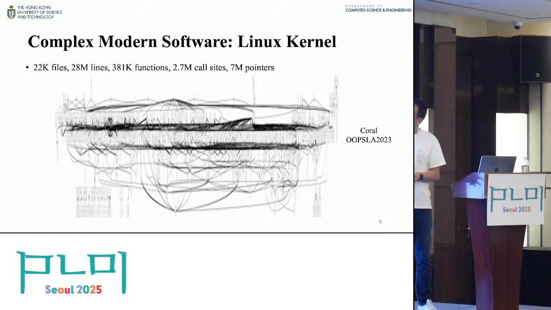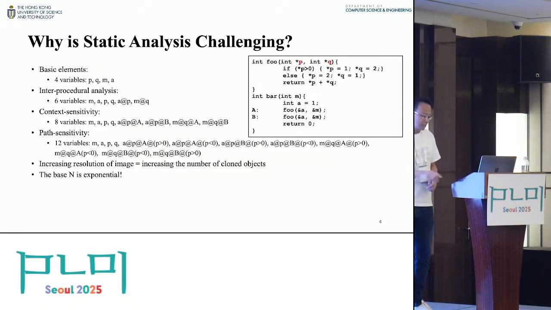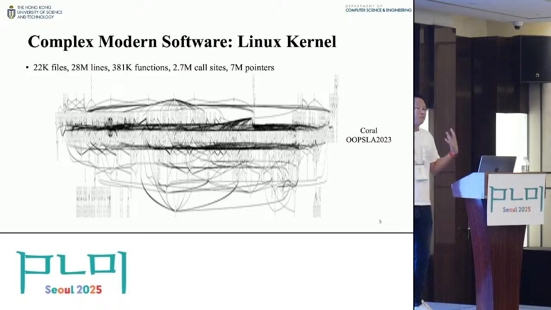So look at this piece of software. This is a Linux kernel, and we are able to pretty accurately compute its call graph. Right, so this is a call graph of 381,000 functions. Right? So if you take this into your picture, combined with this story, it's not because we are not smart enough or not working hard enough.